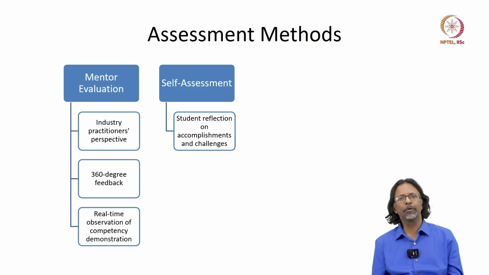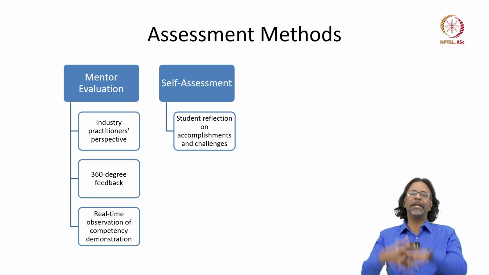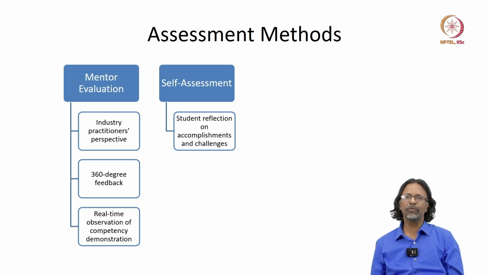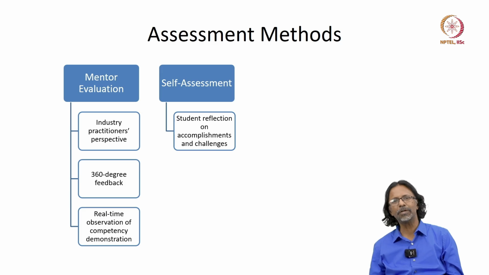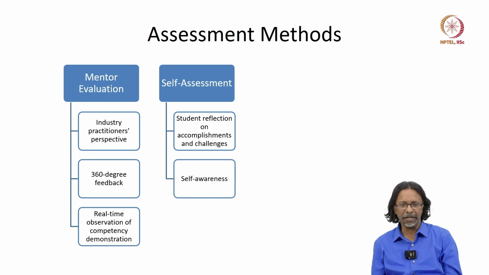So this also brings in a level of trust in the system, right? If we constantly rely only on somebody else's assessment and feedback, it also passes on the message that we don't trust the interns themselves to be able to tell what it is that they did. So this also needs to be consciously factored in.